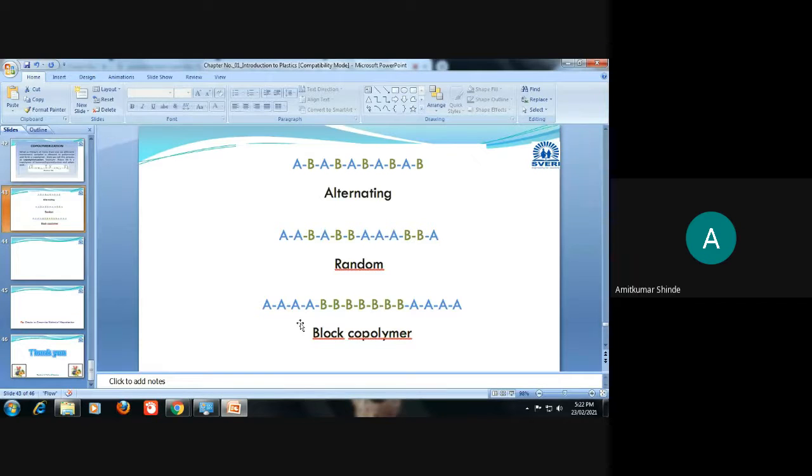And when the A blocks and B blocks form chains having branches also, like this, horizontally, vertically, that will be termed as graft polymerization. Okay, in this way we have completed this concept of polymerization.